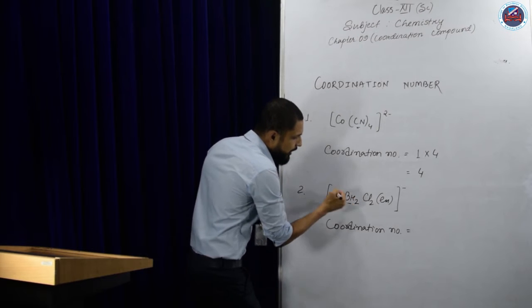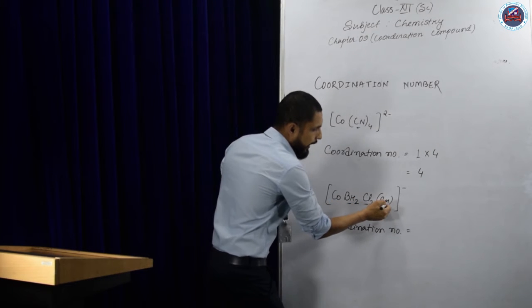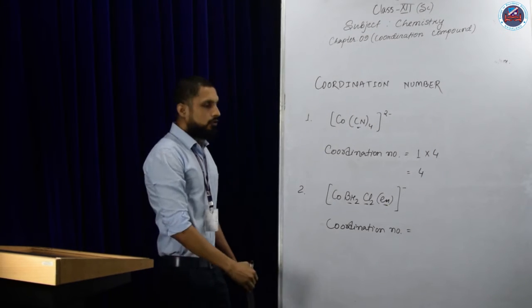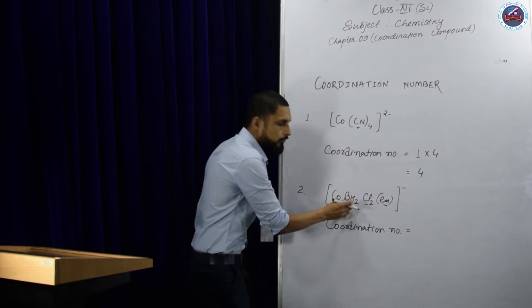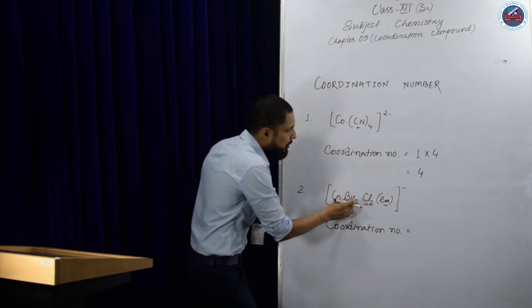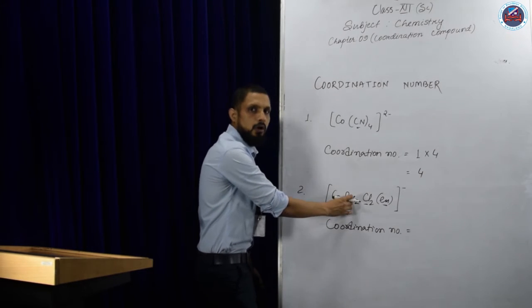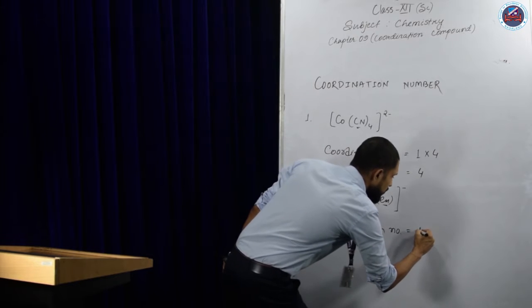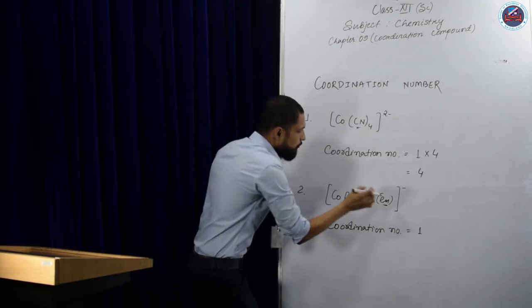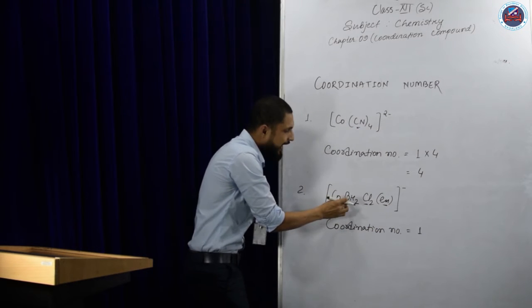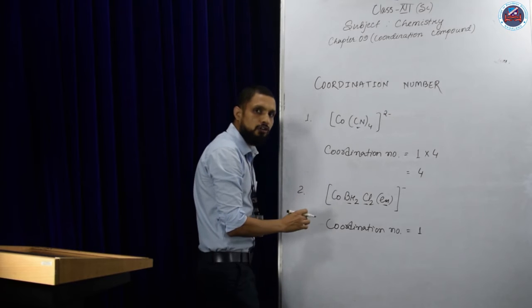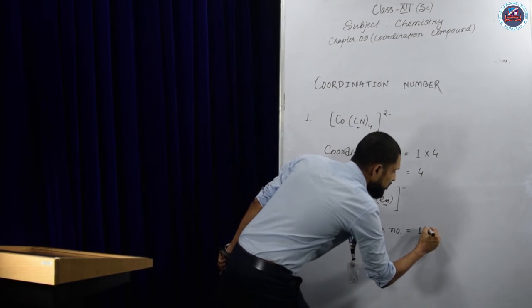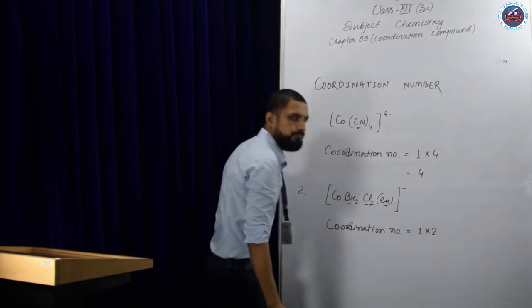We have Br, Cl and en. So let's start with Br. If you check the table, you'll find the number of donor atom in Br is equal to 1. So we'll write 1. Now 1 for each Br. We have 2 Br, so the total contribution will be 1 multiplied by 2.